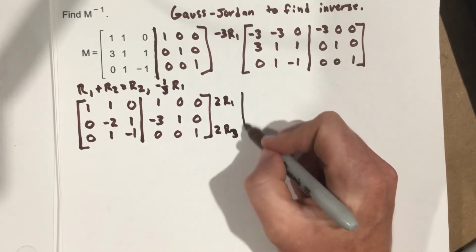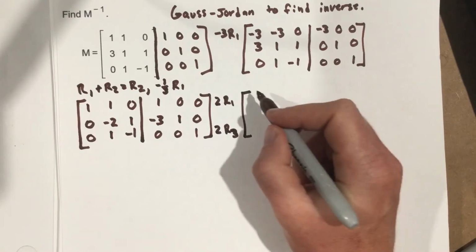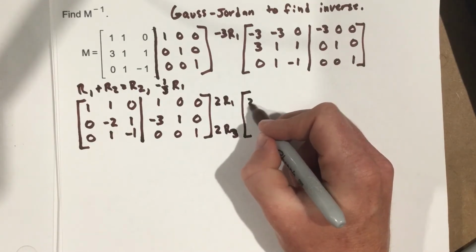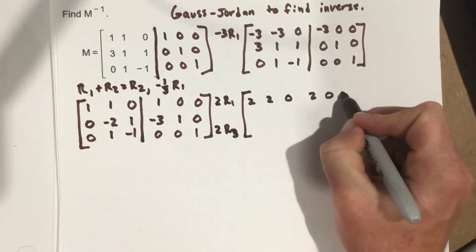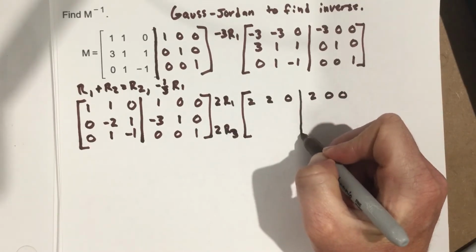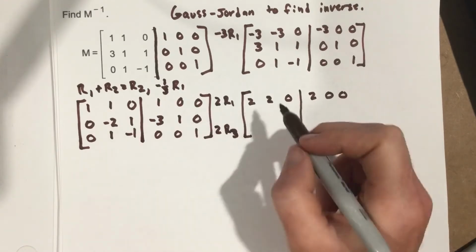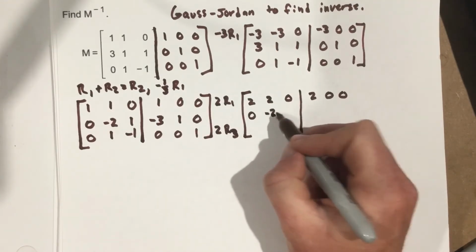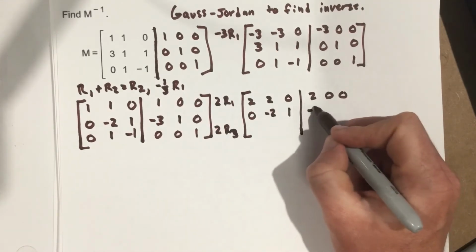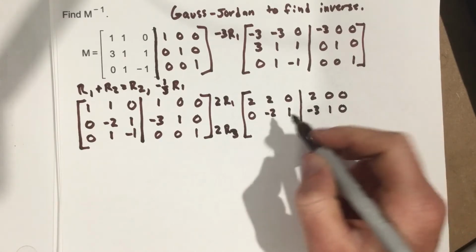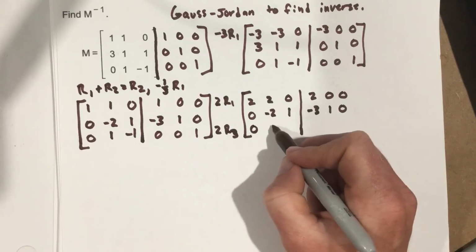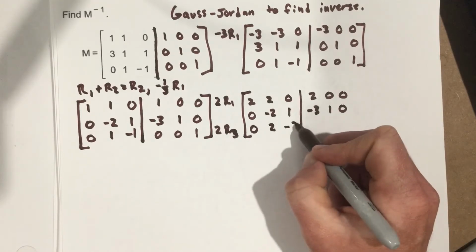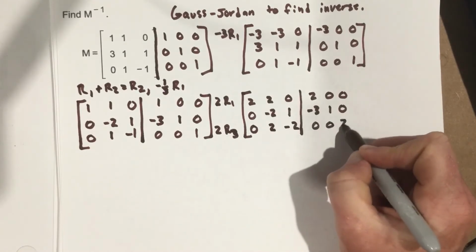So that's going to give me 2, 2, 0, 2, 0, 0. This will still be 0, -2, 1, -3, 1, 0. This is 0, 2, -2, 0, 0, 2.